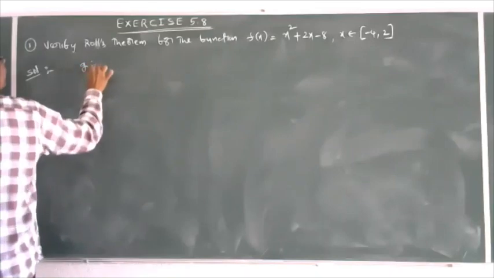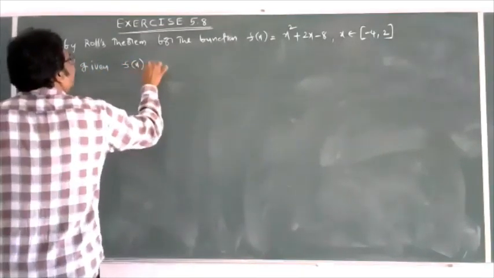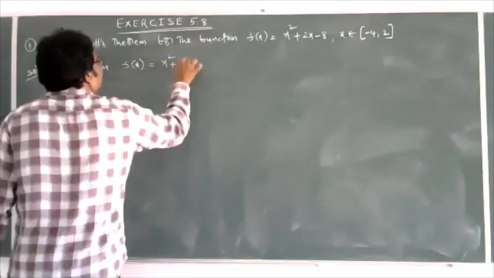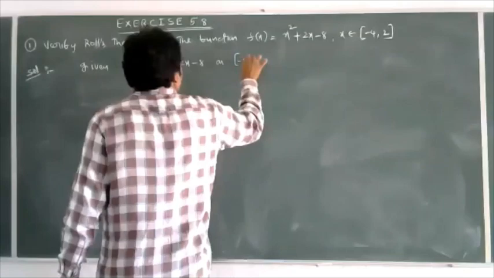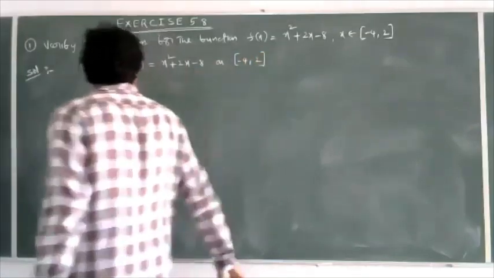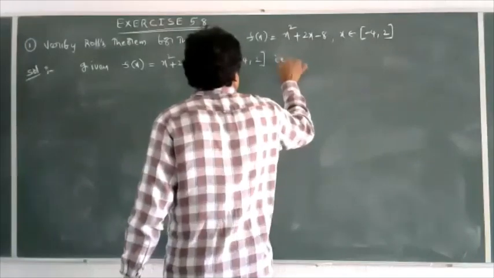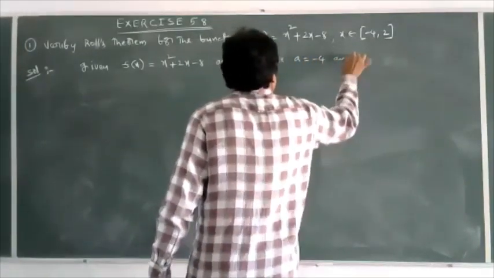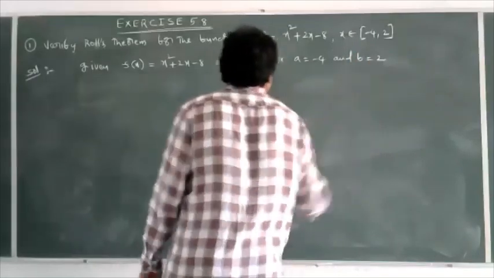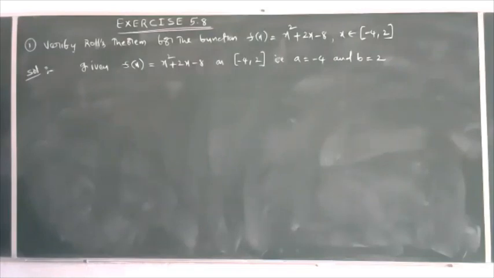Given f of x is equal to x square plus 2x minus 8 on closed minus 4 comma 2. That is, a is equal to minus 4 and b is equal to 2.